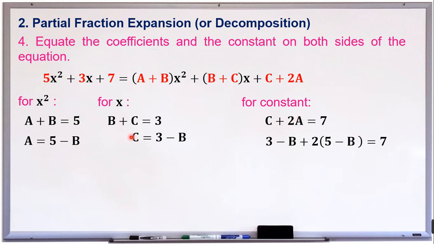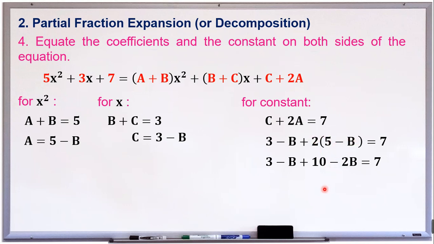So we can solve directly for b. Now, simplifying this one, we have 3 minus b plus 10 minus 2b. So we just distribute the 2 to each of the terms inside this parenthesis. So we have negative 3b equals 7 minus 3 minus 10. So we have negative 3b equals negative 6. Therefore, b is equal to 2.